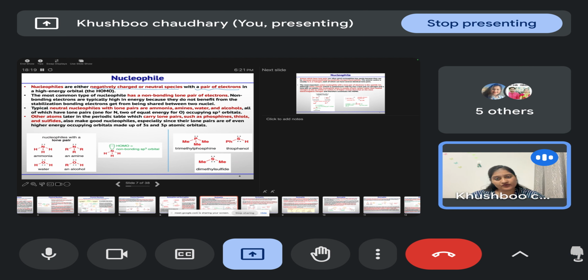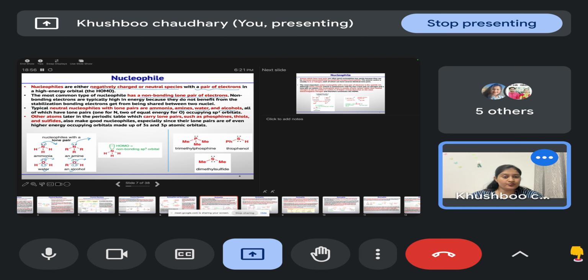The most common examples of nucleophiles have a non-bonding lone pair of electrons. For example, ammonia, amines, water, alcohol: these species have a lone pair of electrons on the nitrogen and two lone pairs of electrons on the oxygen. So they are acting as electron donors and will participate in donation through these lone pairs of electrons.